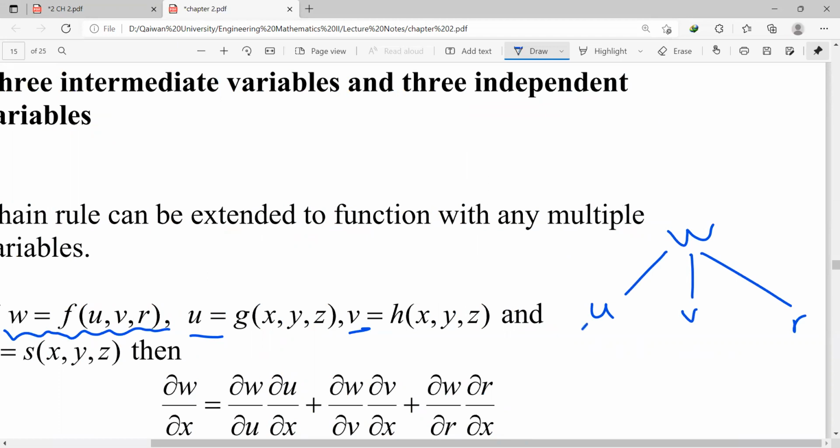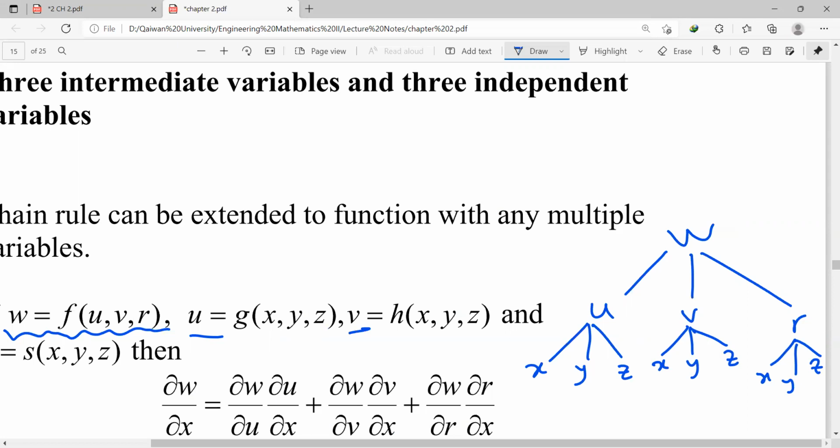That means u is a function of x, y, z. V is also a function of x, y, z. R is also a function of x, y, z.